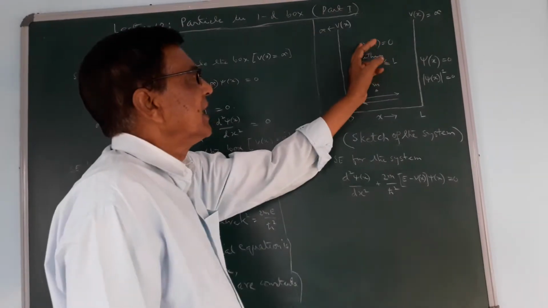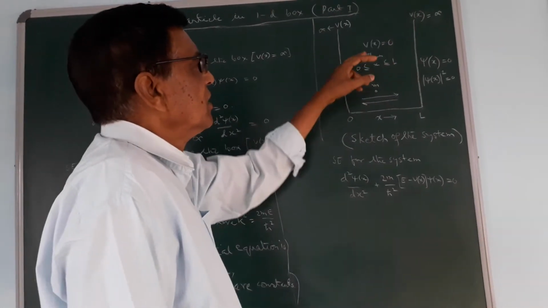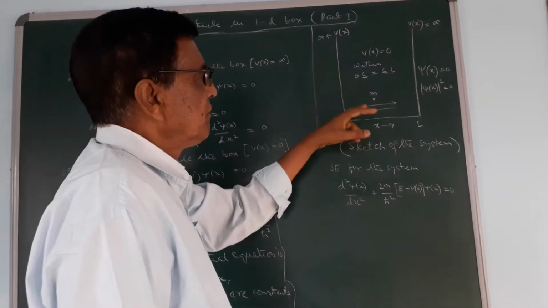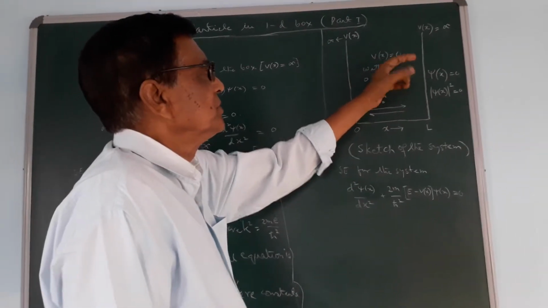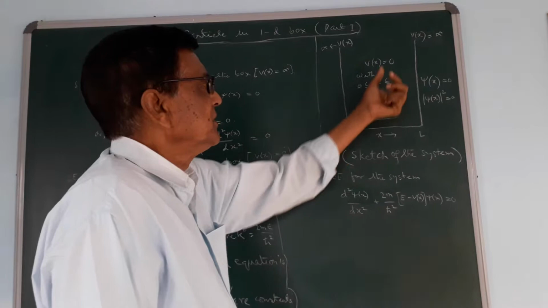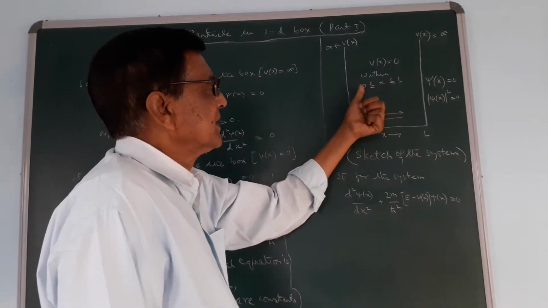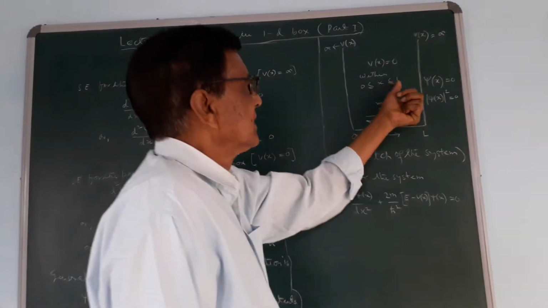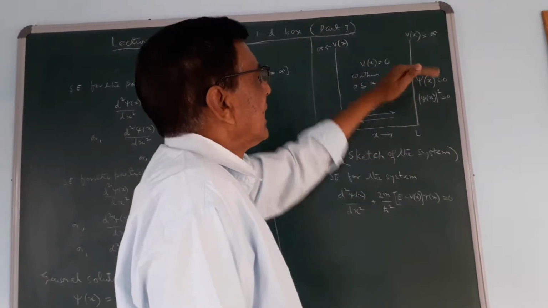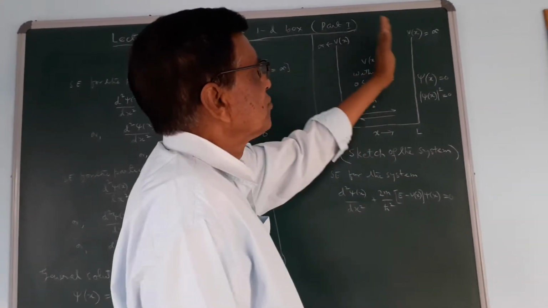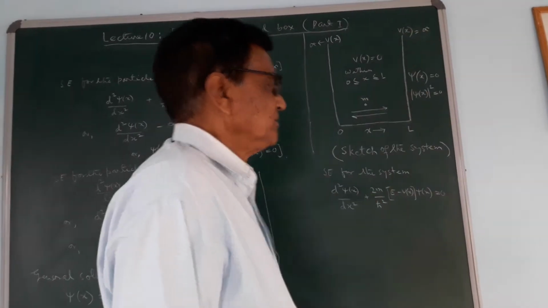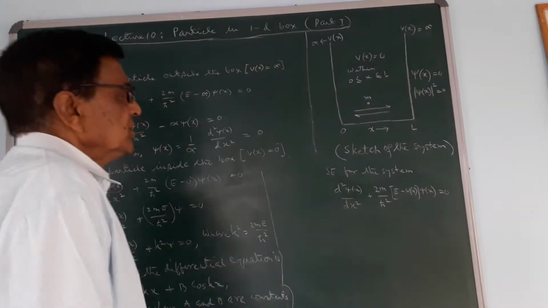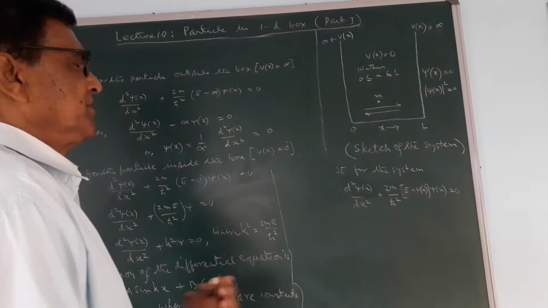The potential energy V is a function of x. The potential energy is equal to 0 within this box, meaning for x greater than or equal to 0 and less than or equal to L, and the potential energy outside of this box is equal to infinity. So this is the rough sketch of the system.